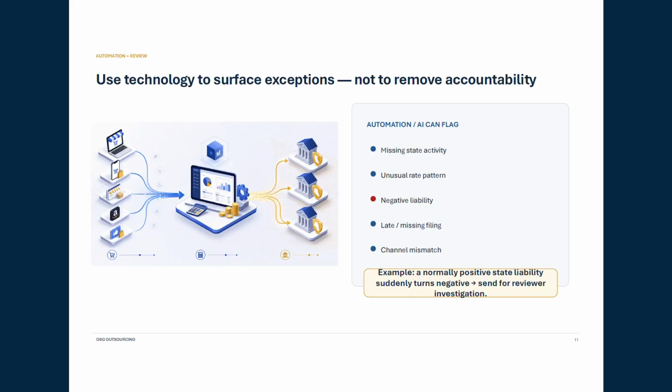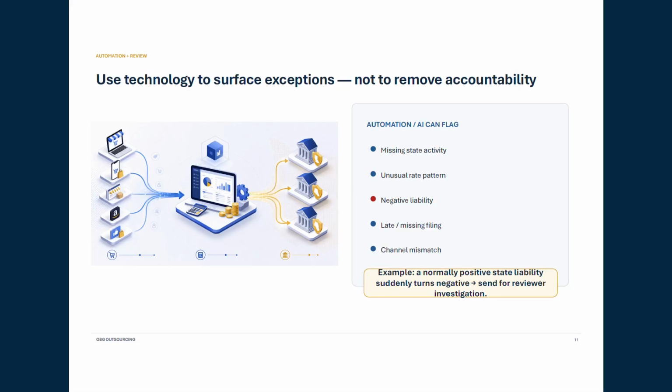Automation can reduce repetitive work, but it should not replace review. Sales platforms and tax engines can collect data, accounting integration can post entries, and AI can flag exceptions such as missing state, unusual tax rate, negative liability, late filing, or channel mismatch.